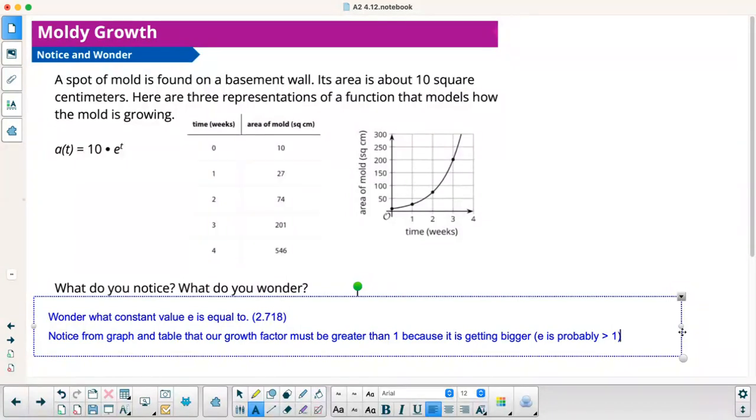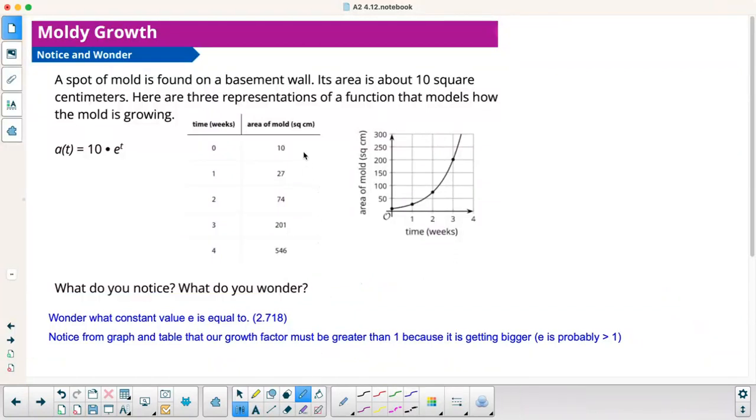What else? I could probably find my growth factor here because this is my initial value, the 10. And then what did I multiply 10 by to get 27? So you're thinking, oh, okay, times what? I'm going to call it b because it's y equals a times b to the x. So 10 times b will get me to 27.